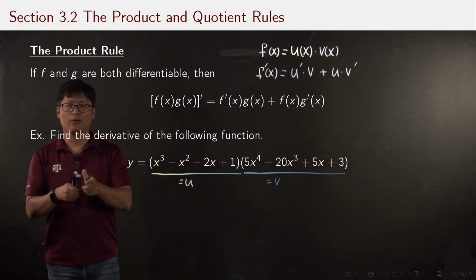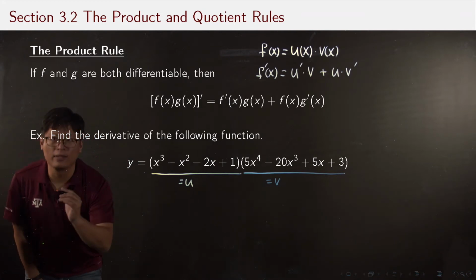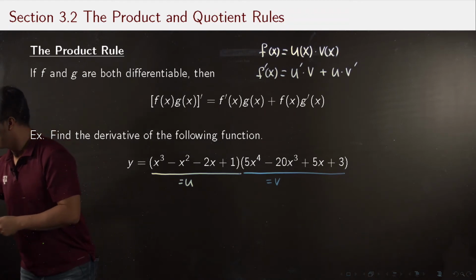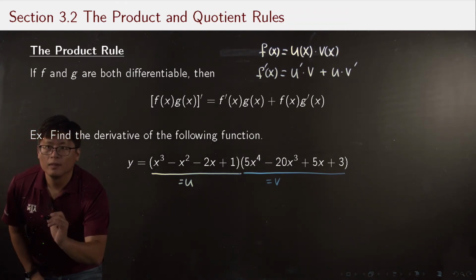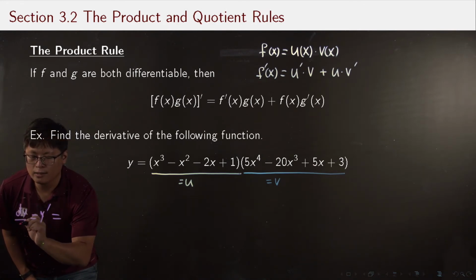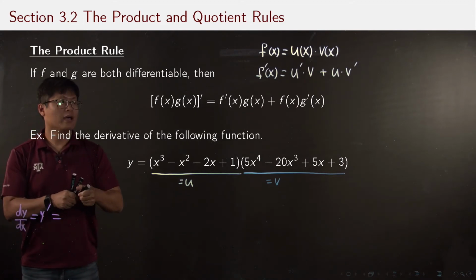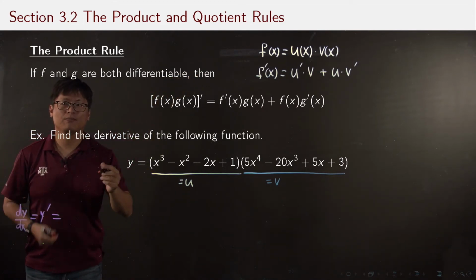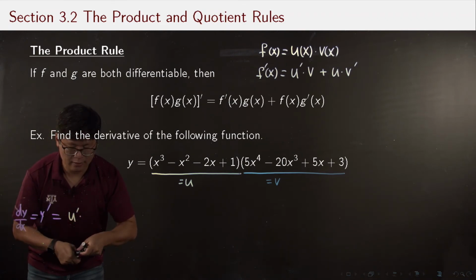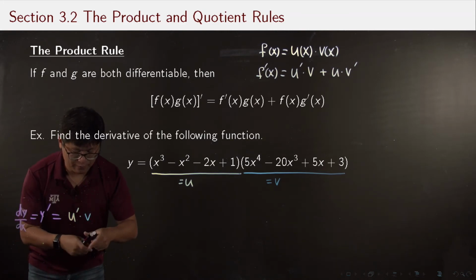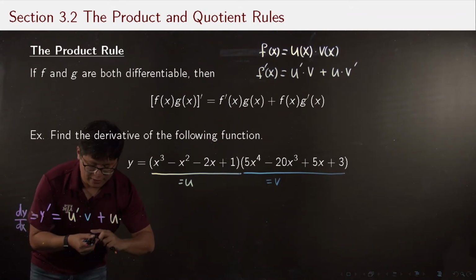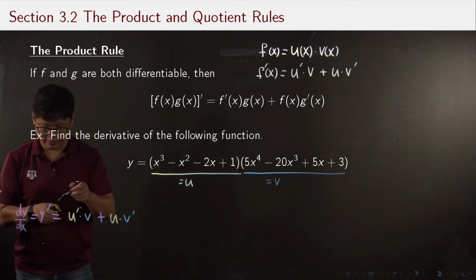Whenever you take the derivative y prime, in Leibniz form it is dy/dx, is equal to, as I mentioned previously, first function prime times second function, and then plus first function times second function prime. Does it make sense?